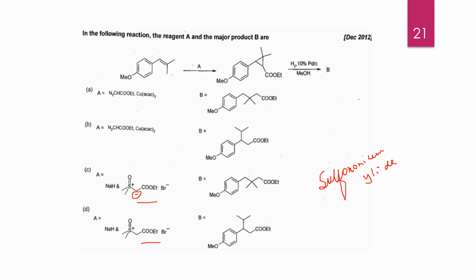So when this ylide we use on this type of substrate, an alpha beta unsaturated compound like the Michael acceptor, ester or ketone, carbonyl or anything.